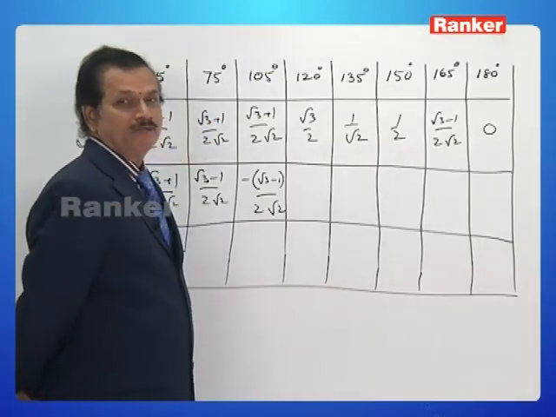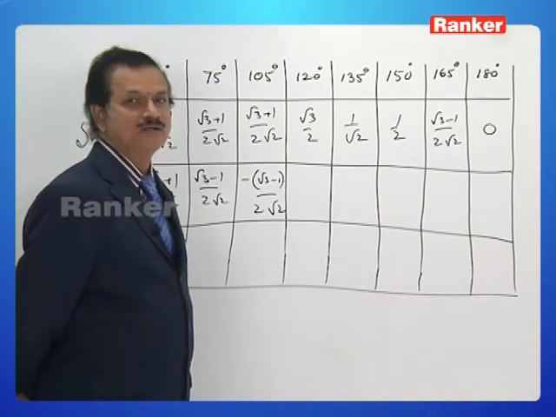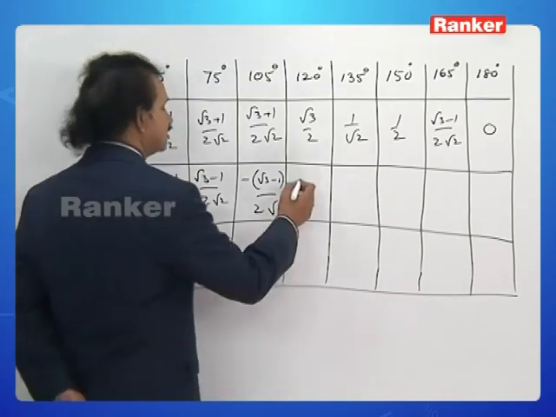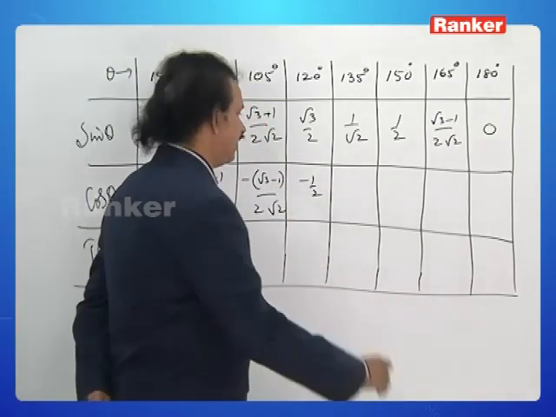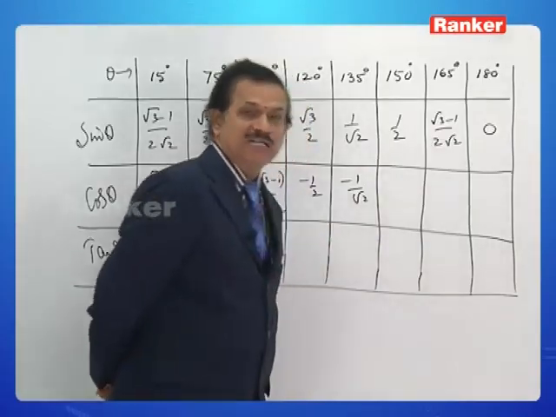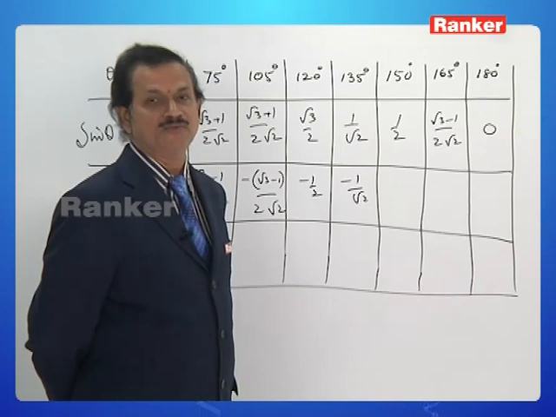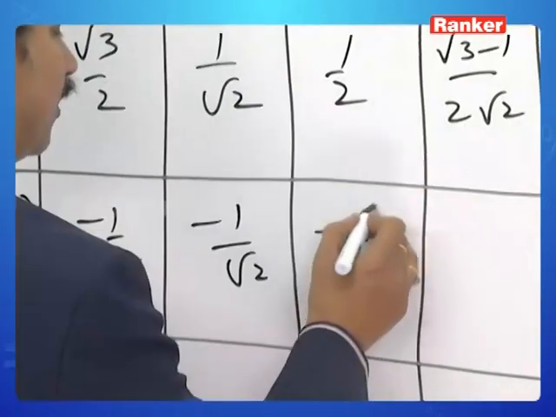Cos 120 is nothing but minus cos 60. Why? 120 and 60 are supplementary. Minus cos 60 is minus 1 by 2. Cos 135 is minus cos 45. That is minus 1 by root 2. Cos 150 degrees is minus cos 30 degrees with the same logic, because 150 degrees and 30 degrees are supplementary. Hence it is minus root 3 by 2.